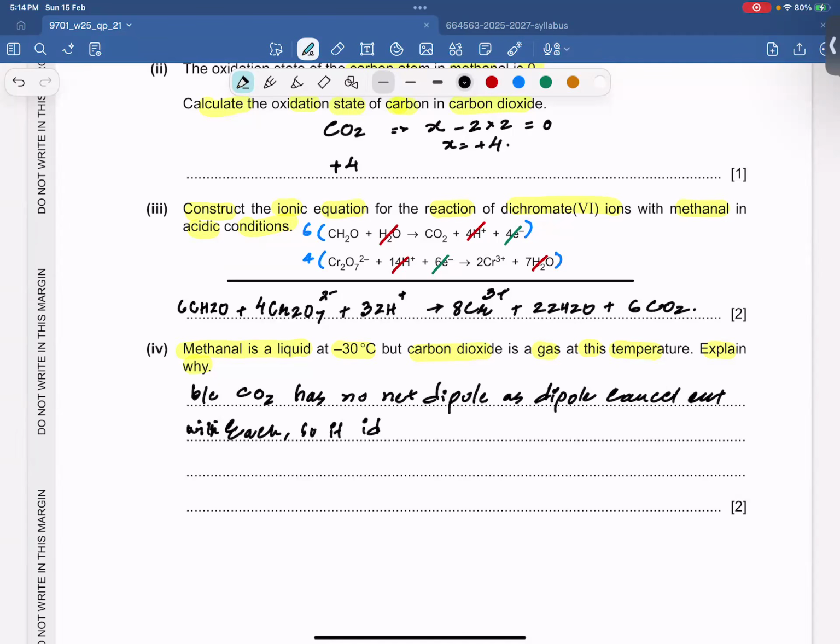So it exhibits instantaneous dipole induced dipole forces. So it is a gas.